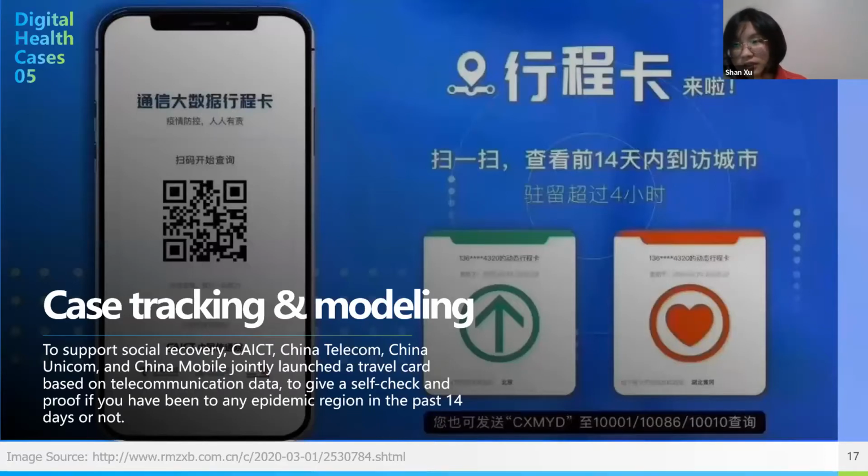And I know last time our European colleagues also shared some case tracking use cases on the coronavirus. In China, China Telecom, China Unicom, and China Mobile jointly launched a travel card based on their telecommunication data, to give you a self-check and also proof of whether you have been to an epidemic region in the past 14 days or not, just based on the base station data.